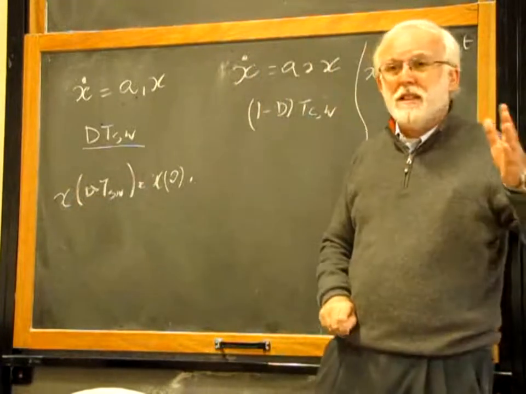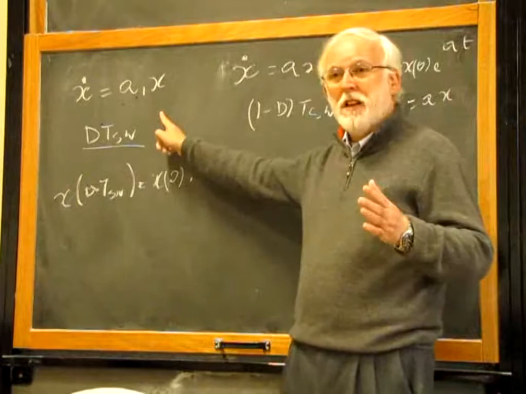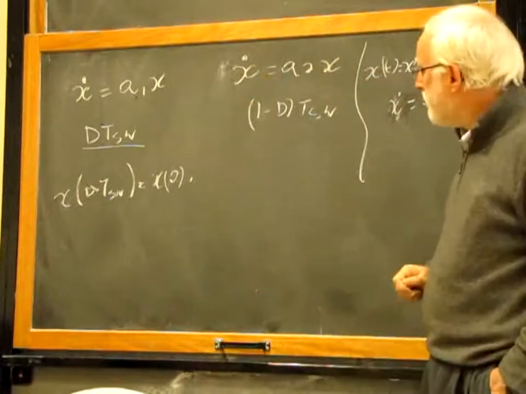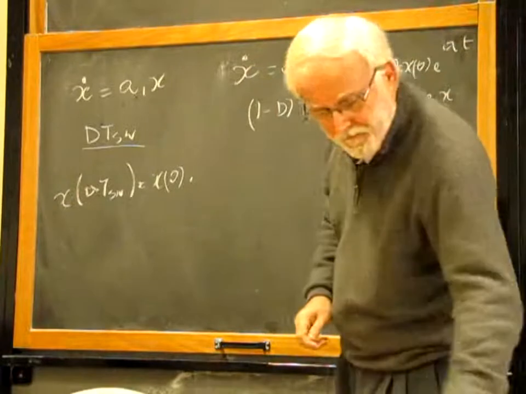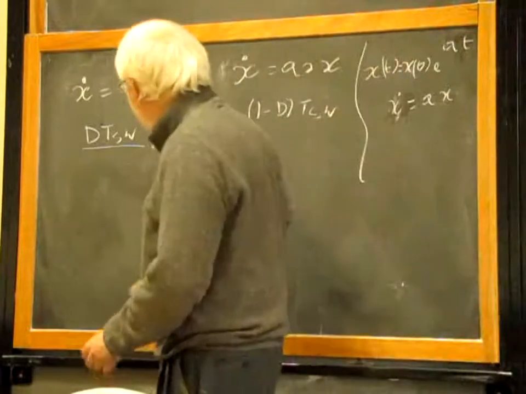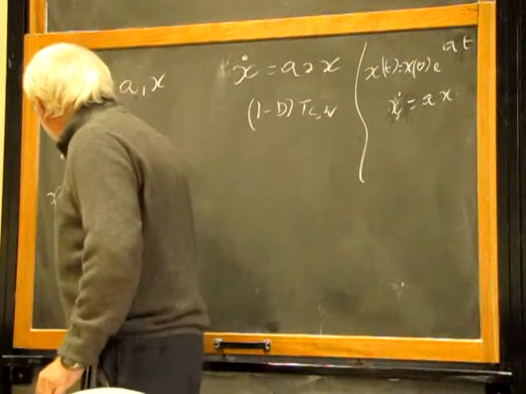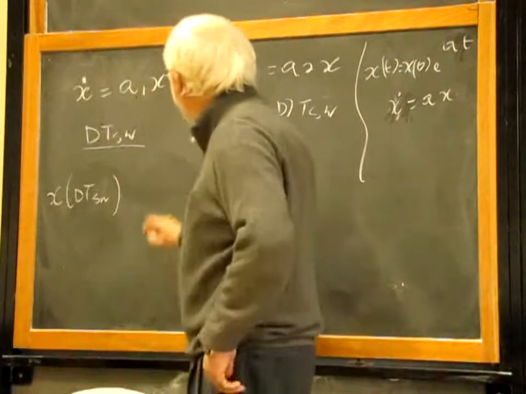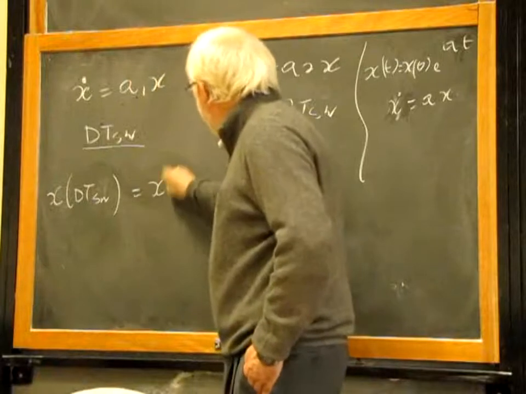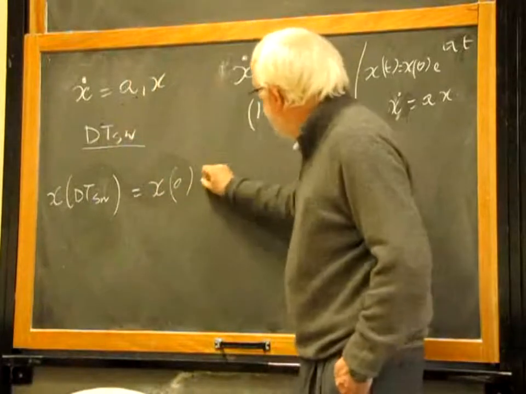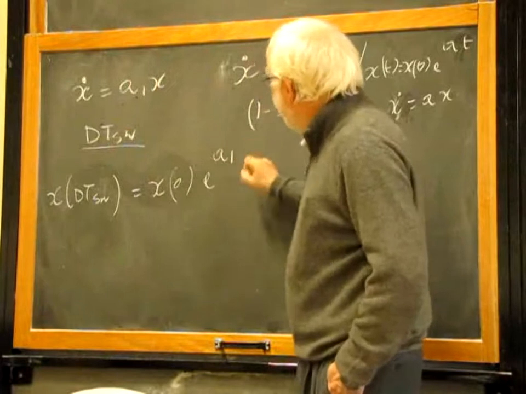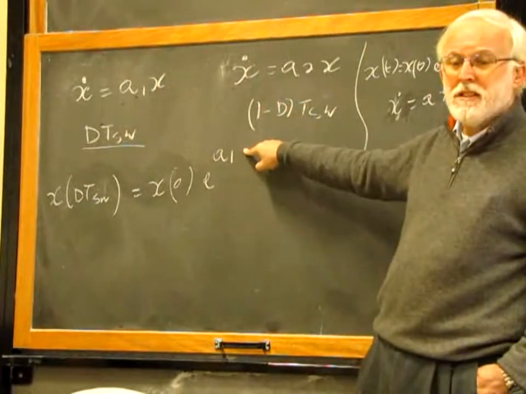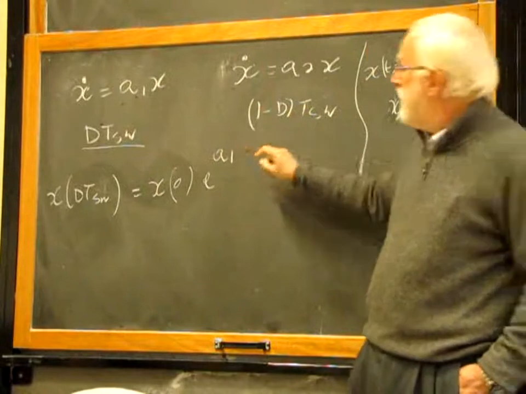I just want to know the final value at this interval of time, so I can use it as an initial value for the next period of time. My variable x at the time d switch, that means at the end of this period of time, is equal to x0, the initial condition, times e to the a1 times d switch.